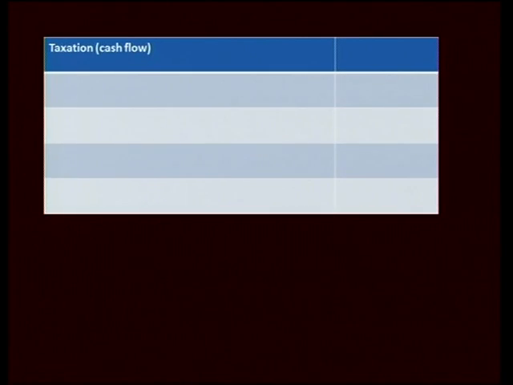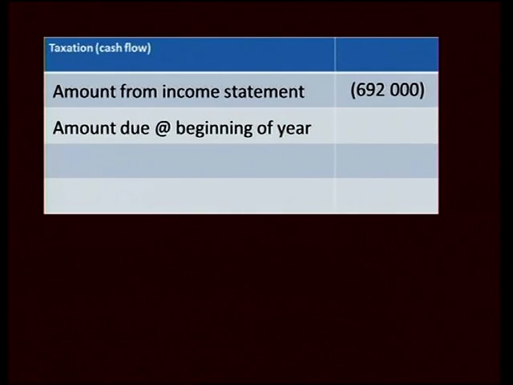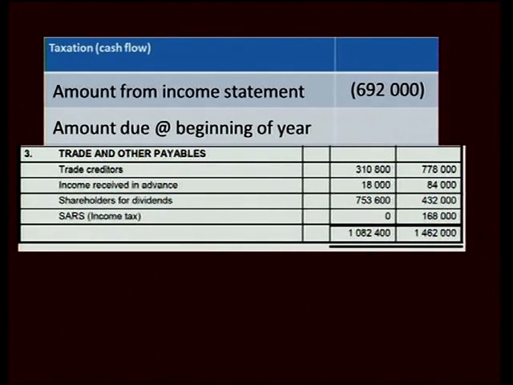I can also say if the amount from the income statement right there, as it was provided to me, is 692,000, and the amount due at the beginning of the year, over there, provided to me, is 168,000, and I had to pay that.